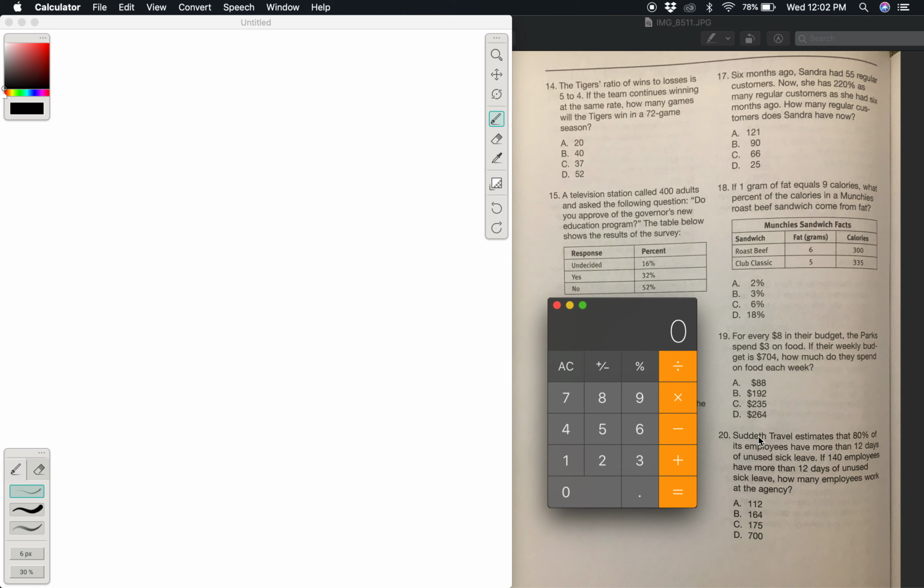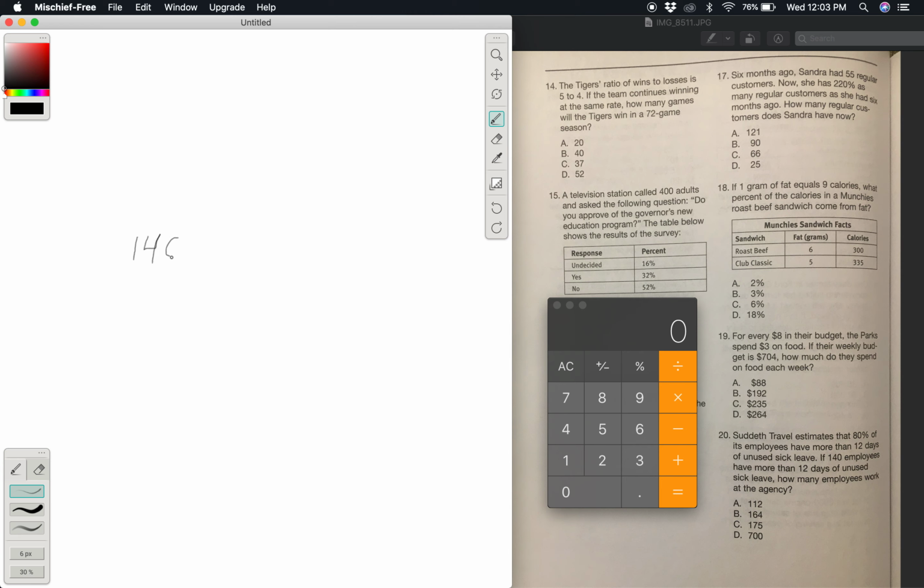So we see here that 140 represents 80%, because it says Sudeth Travel estimates 80% of its employees have more than 12 days of leave, and here it says 140 employees have more than 12 days of unused sick leave. So 140 is 80%. If 140 is only 80%, then 140 represents the part.